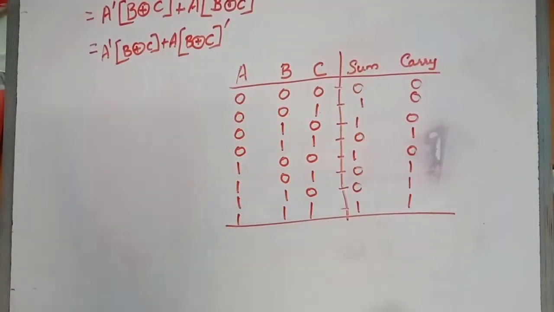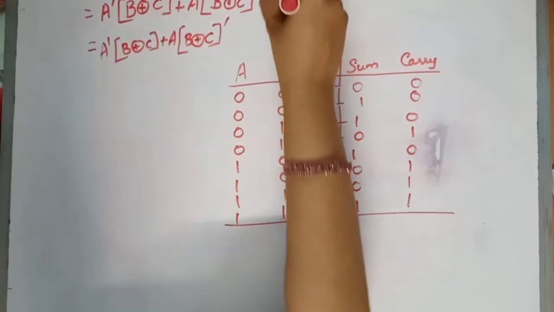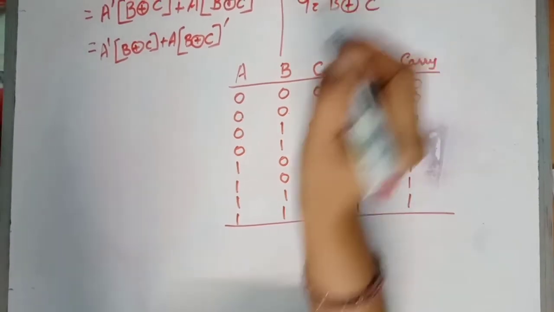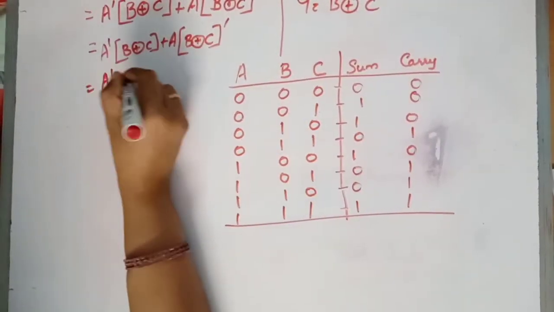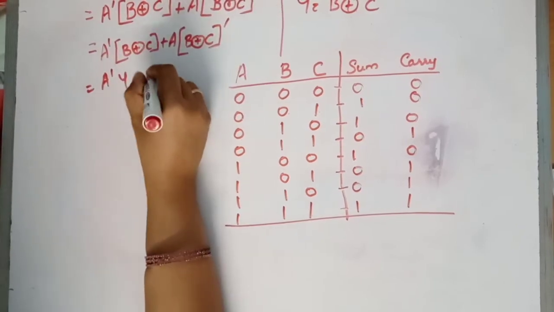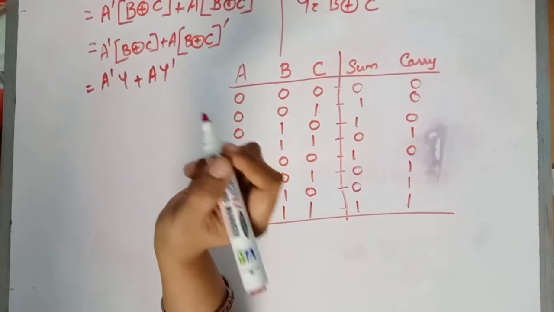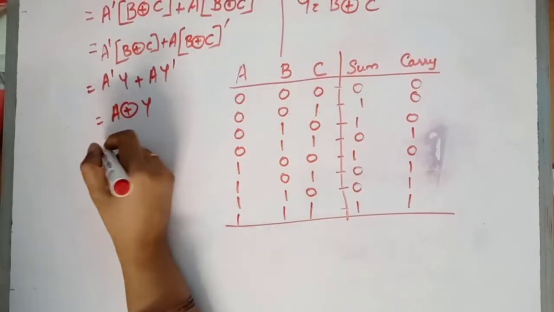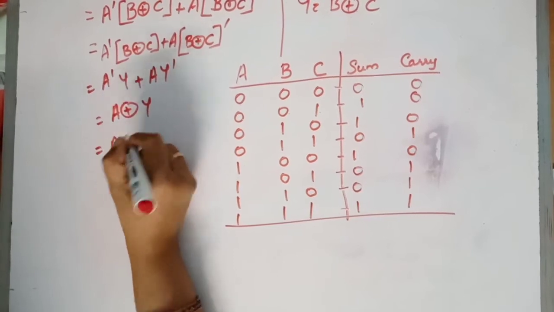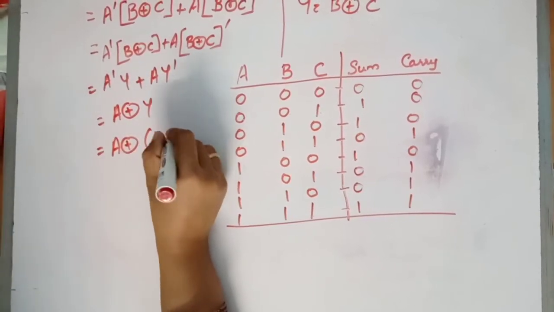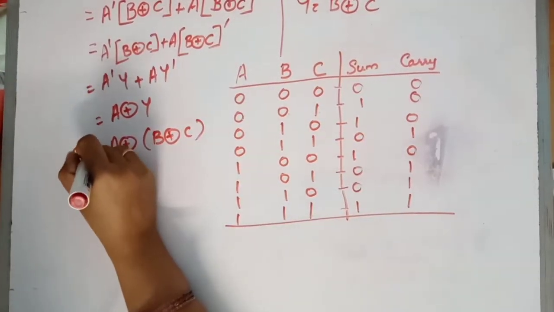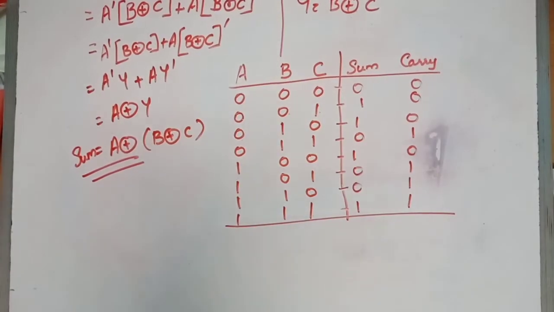So this is like writing, suppose let y equal to B XOR C. So you can write it as A bar y plus A y bar, which is again A XOR y. But what is y? y is B XOR C. So it is A XOR B XOR C. What is that? Sum. Sum is A XOR B XOR C.